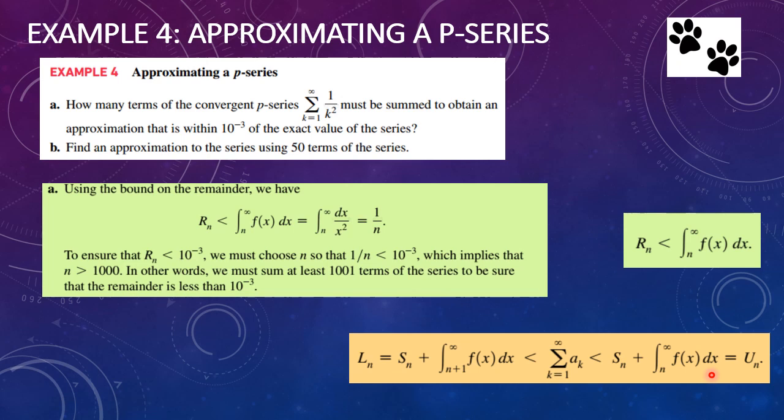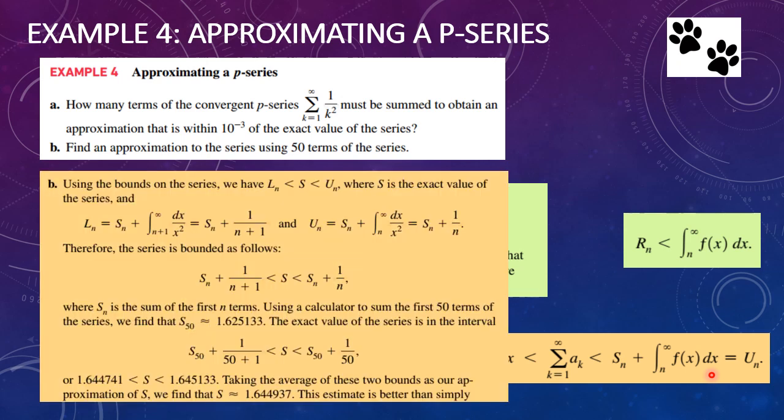We've got to figure out both those parts. When we take the integral on the lower side, we get 1 over n plus 1, similar to how we got 1 over n. So the series is bounded between S sub n plus 1 over n plus 1 and S sub n plus 1 over n. Using your calculator, you can do a summation of the first 50 terms.